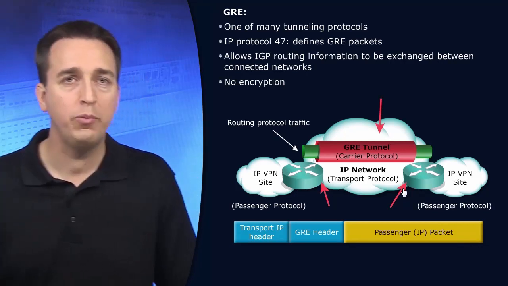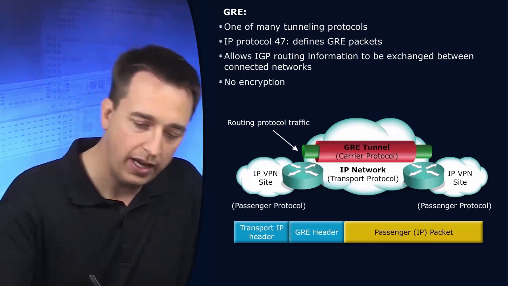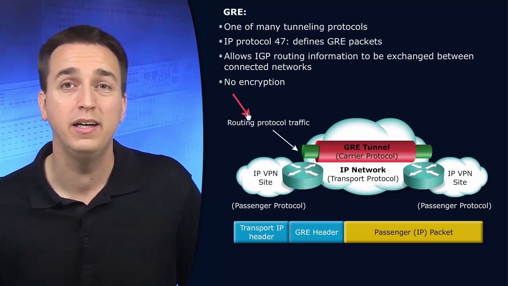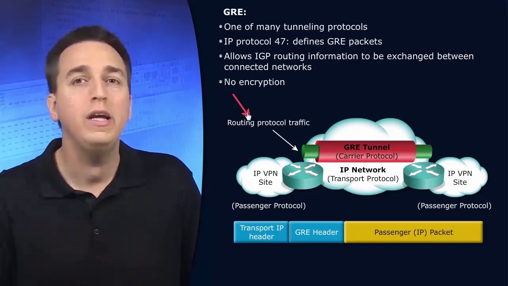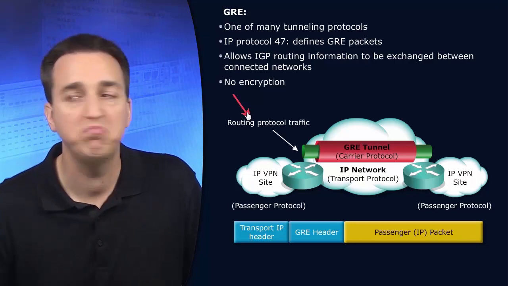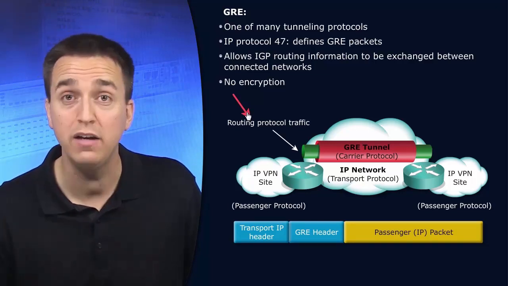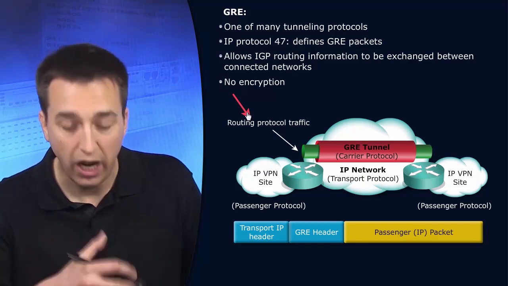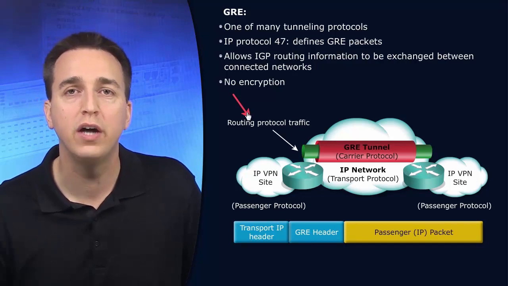So in this example, they're showing us routing protocol traffic, such as EIGRP as an example, or maybe even OSPF. How do we form that EIGRP neighborship over the internet? Well, what we can do is tunnel that EIGRP traffic through this point-to-point GRE tunnel.